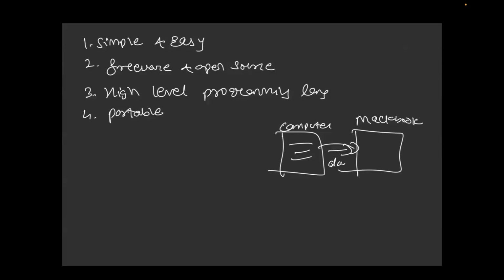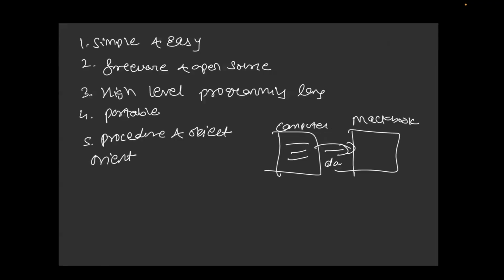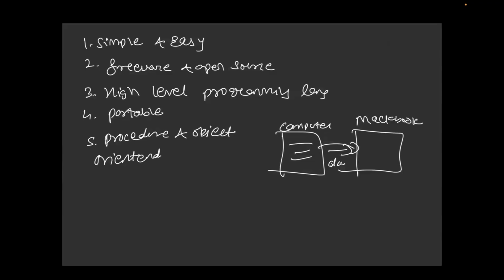After this, the biggest point is that Python is procedure oriented and also object oriented. So basically object oriented programming happens in Python. Now, what is object and procedure? Python supports both.